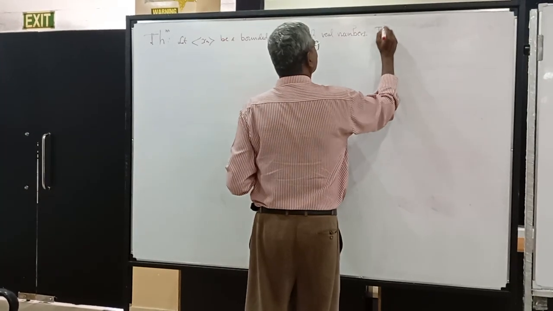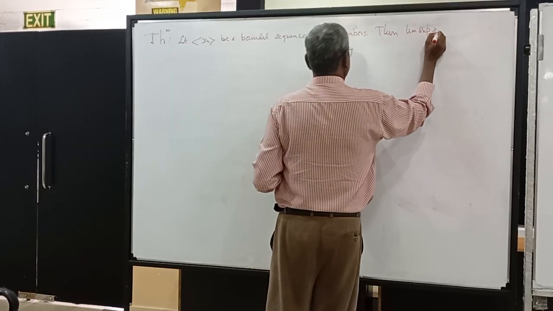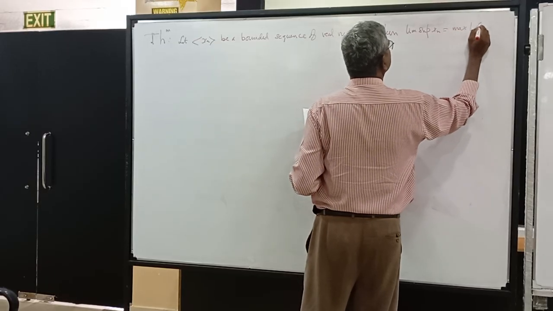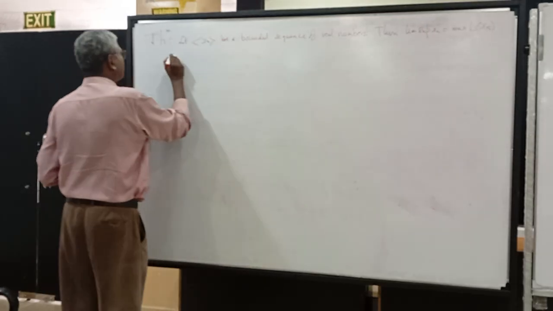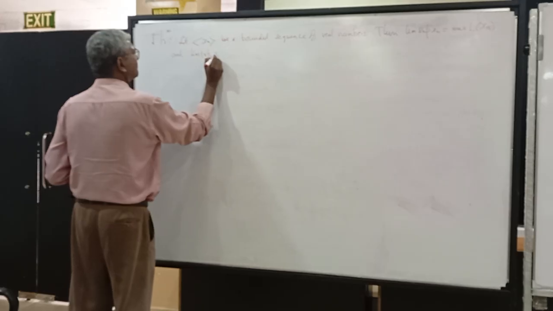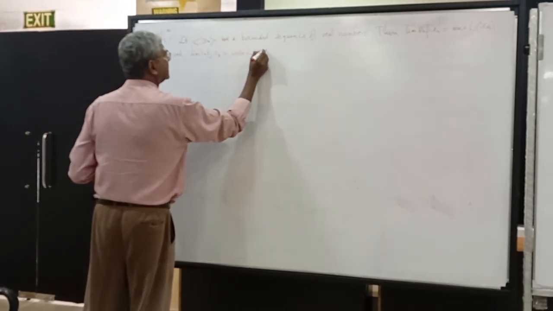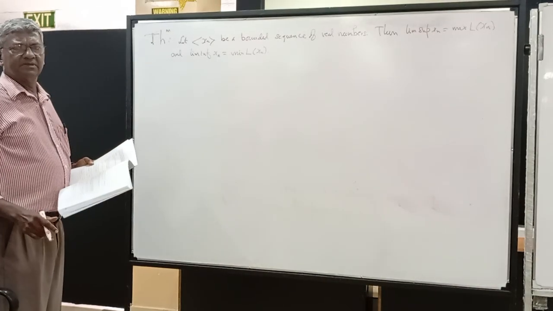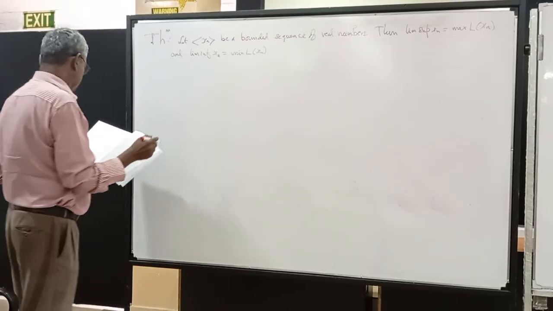Then lim sup Xn is equal to the maximum of LXn, and lim inf Xn is equal to the minimum of LXn. So I will prove the lim sup one. Then the same kind of pattern, lim inf follows.